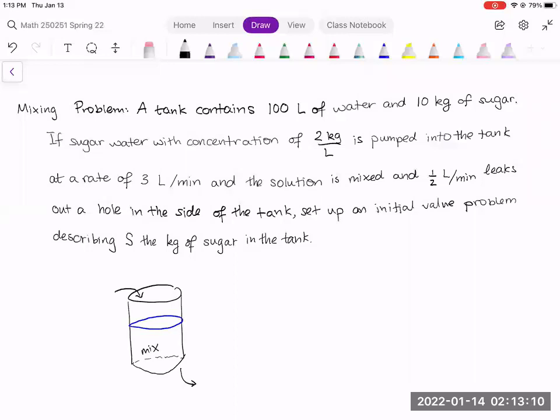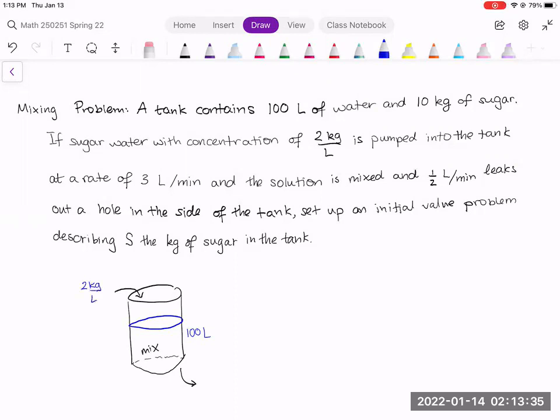All right, so there's a lot going on here. Let's draw a little bit on the picture to get a sense of what's happening. So we're starting off with 100 liters of water. We are pumping sugar water in.